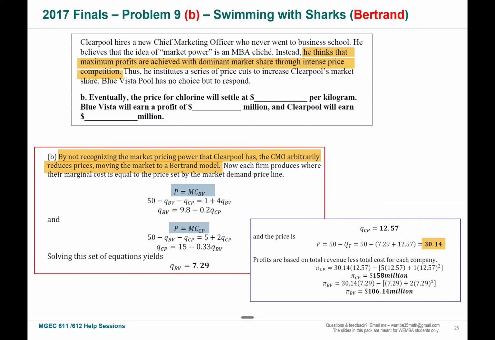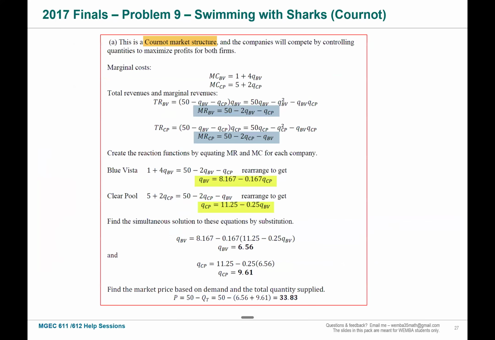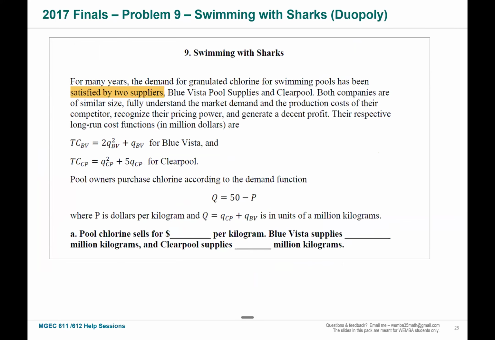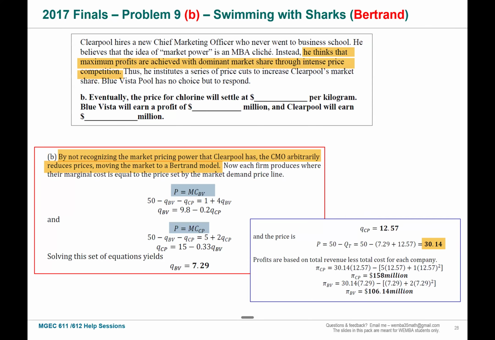I think it's the one where it says one company cuts the price and then the other company is forced to respond. Yeah, exactly. So they have to respond, which is a leader, but I guess the wording just makes it seem obvious.